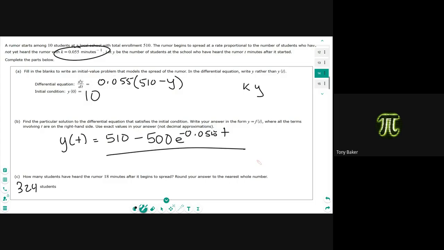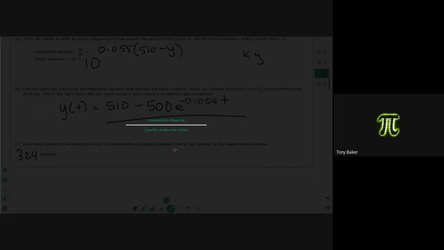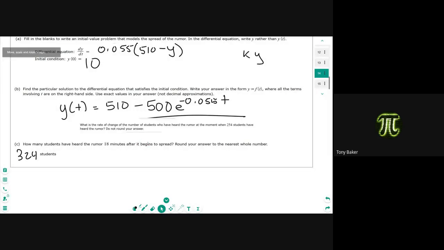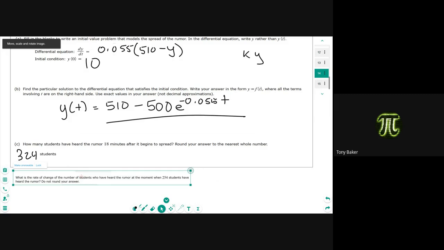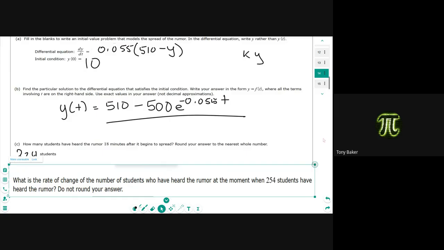So that's one way you can have the last part of this question. The other way is this one, which asks this question slightly different. What is the rate of change of the number of students who have heard the rumor at the moment when 254 students have heard the rumor?